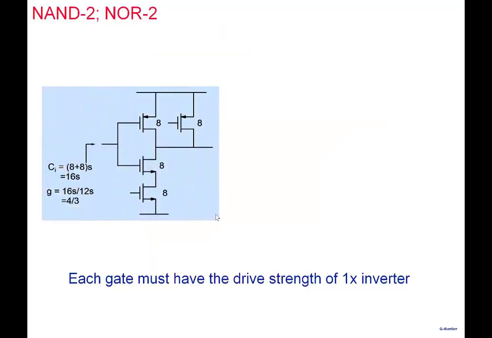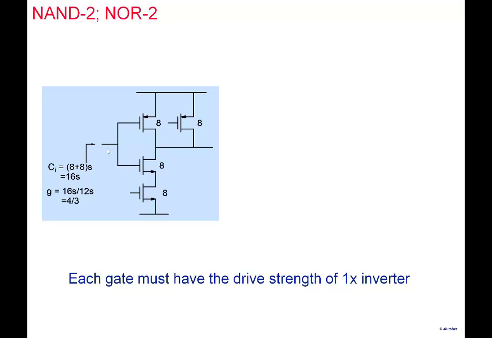Let's look at a NOR gate. Now, NOR gate of size 1x. Note that we have put 8 and 8 here. Why? Because our normal inverter was 4. So we put 8 here and 8 here. The input capacitance of this one is 8 plus 8, so 16 units.